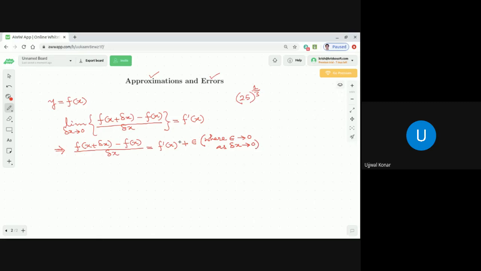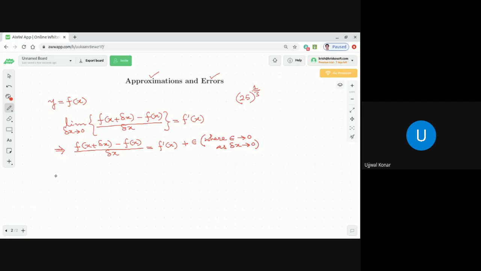Correct? So the limiting value of f of x plus delta x minus f of x by delta x is equal to f dash x. That means the value of f of x plus delta x minus f of x by delta x would be f dash x plus a small quantity called epsilon, where epsilon is tending to 0 as delta x is tending to 0. Correct?